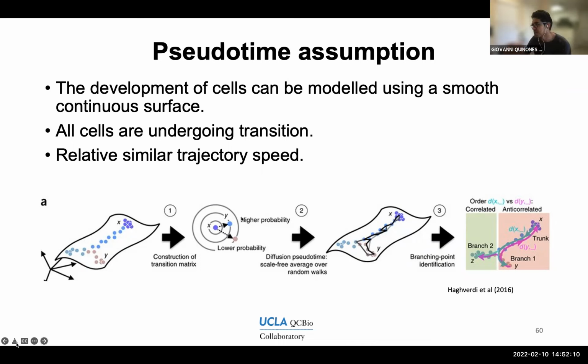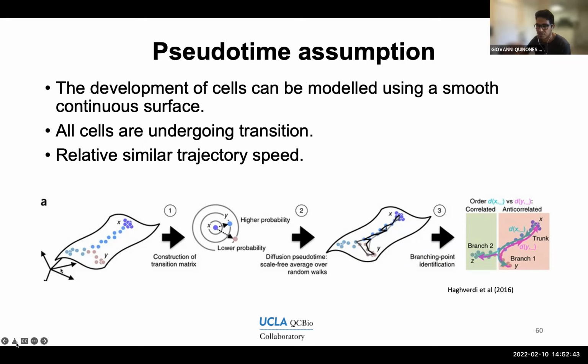So here's a little overview of what this analysis looks like. This figure was extracted from a 2016 paper, which is the one that introduced this idea of pseudo-time analysis. As you can see in this first panel, all these axes represent that all of our data points are plotted in a multidimensional space.